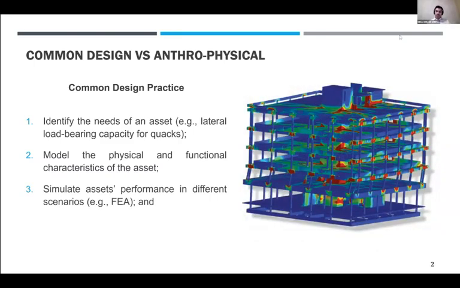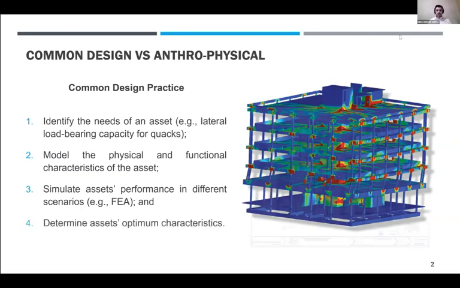Then we simulate the behavior of the building. Let's say an earthquake is happening with an intensity of 6 Richter, and let's see how our building behaves with all of the physical characteristics we've given it. Where are the weak points, and where are the over-designed or extra strong points?